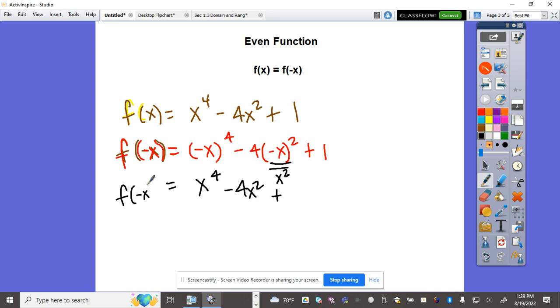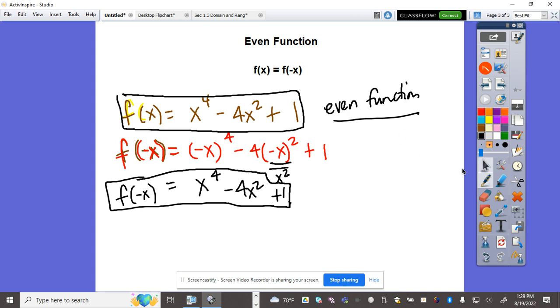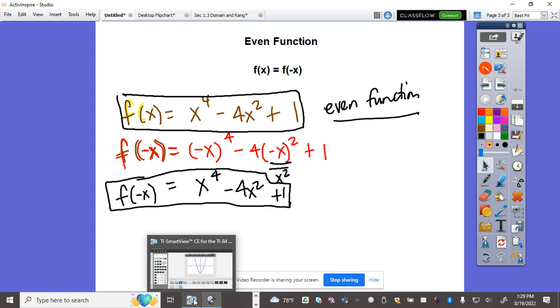So you can tell that f of negative x is the same thing as f of x here. They're equal. Since they're equal, we know that the original function f of x is an even function. And again, you don't need to check if it's odd.